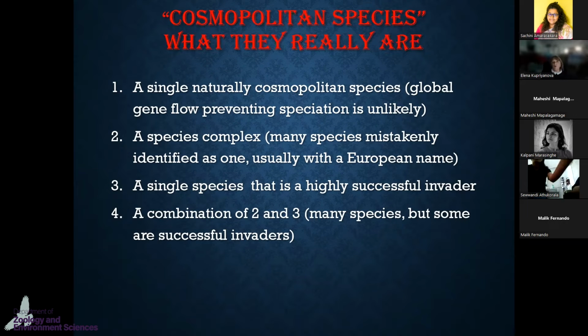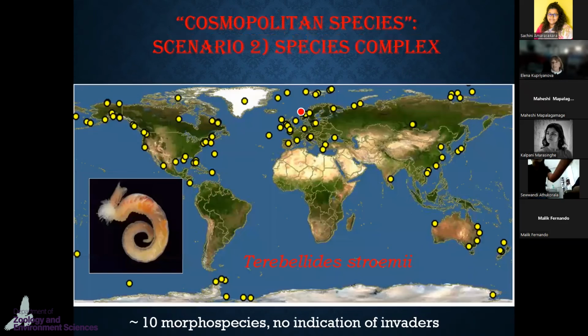So let's turn to the examples here. Here is an example of a cosmopolitan species, which is a result of simply insufficient taxonomic studies. This is a quite common polychaete, Terebellides stroemii, and it's easily recognizable, or was believed to be easily recognizable because of this large couple of branchiae.